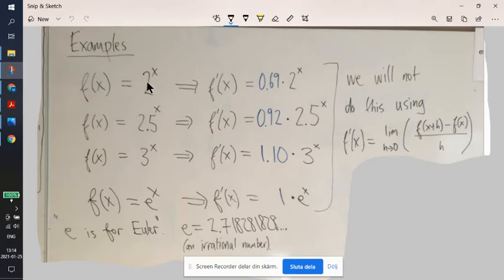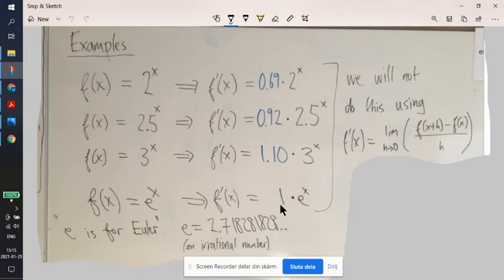And we see that as the value of a increases, the value of this coefficient increases. So that means that somewhere between 2.5 and 3, there is a number such that this coefficient will be equal to 1.